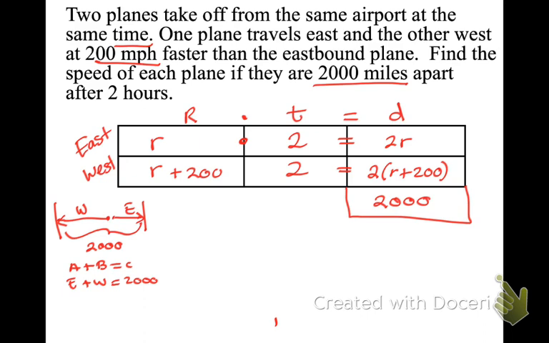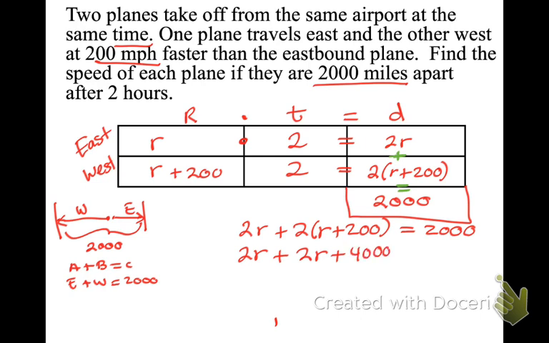And we do what going up and down? We add going up and down. And so here's our equation, which is 2R plus 2 times the quantity of R plus 200 equals 2,000. And now we've got 2R plus 2R plus 400. Don't forget to distribute.